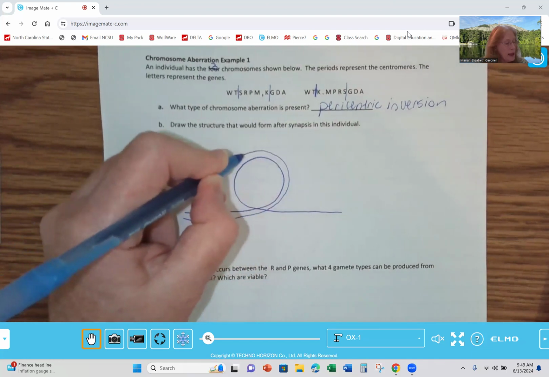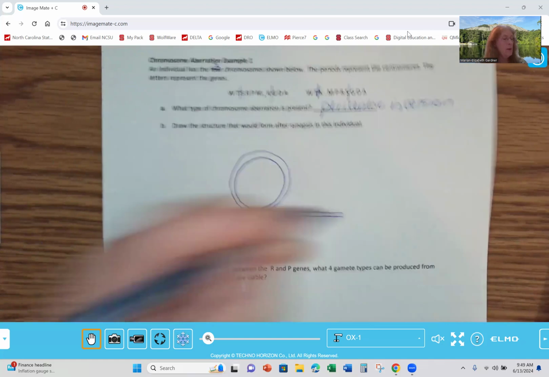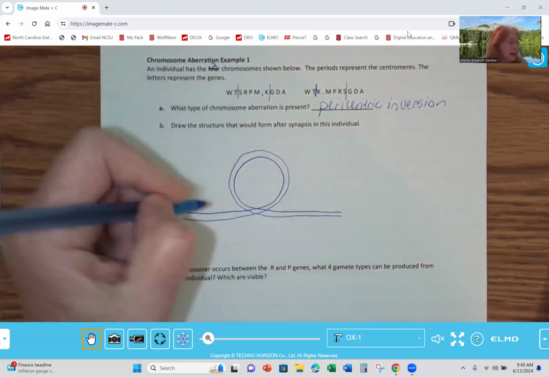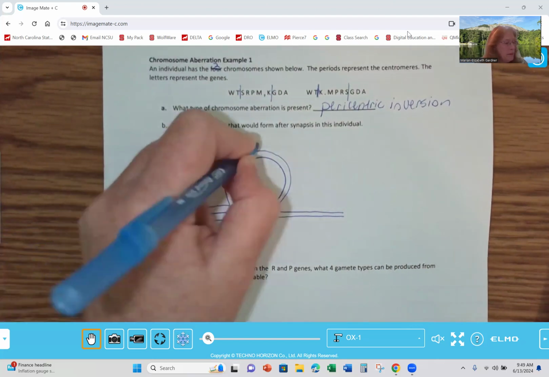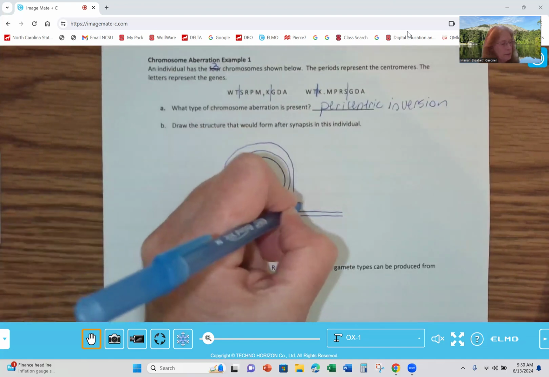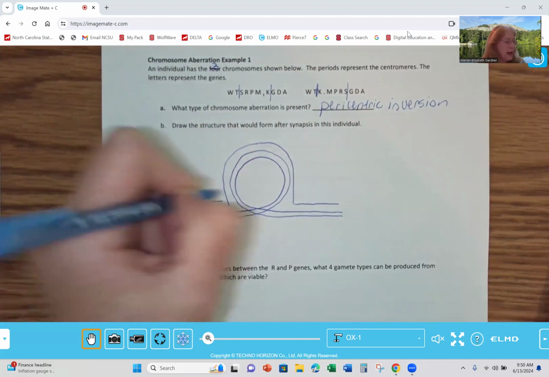So this is the second chromatid for this first chromosome. One of the homologous chromosomes makes a loop. The second one goes in, jumps over, and goes out. And here's the second chromatid for that chromosome.